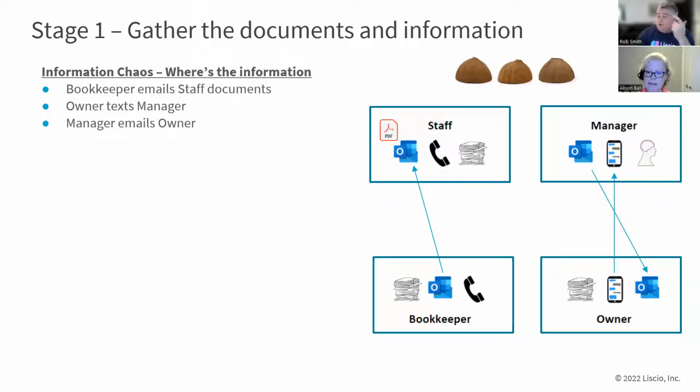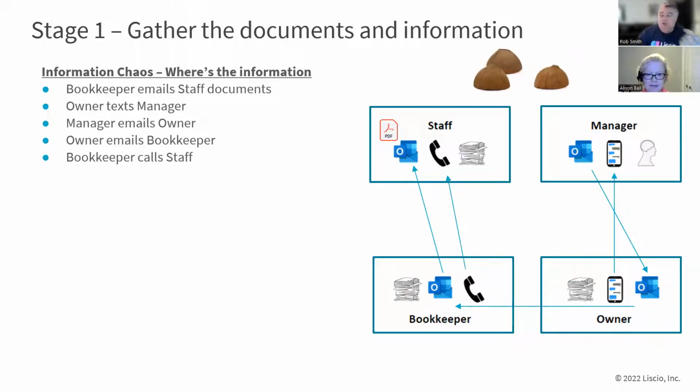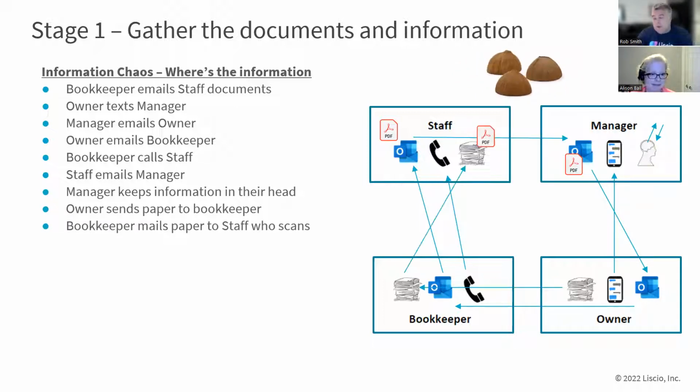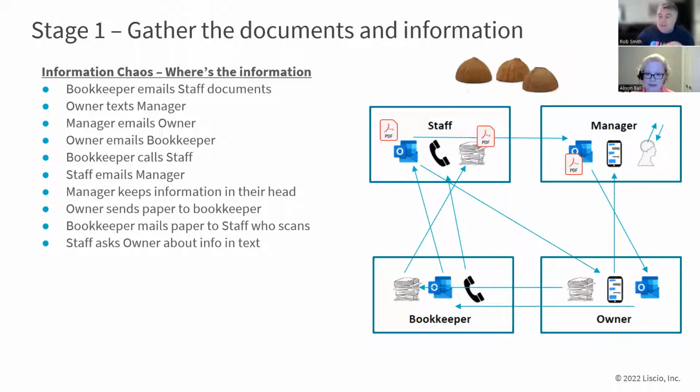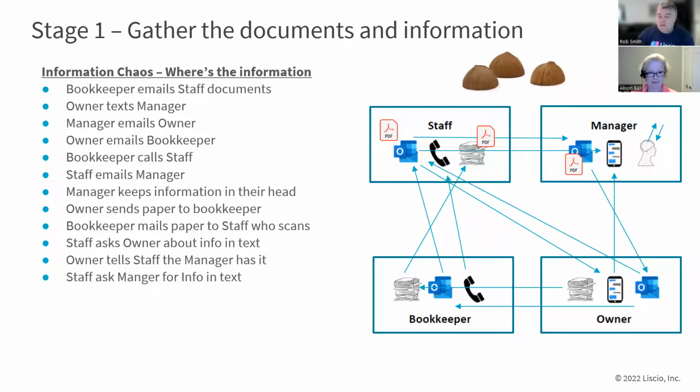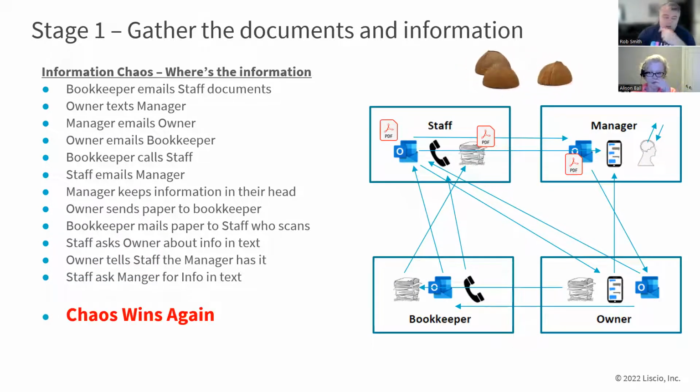And then all of a sudden, the manager emails the owner, emails the bookkeeper, calls the staff, emails the manager, keeps some information in their head, the owner sends paperwork back to the bookkeeper, mails paper to the staff who scans, the staff asks the owner about some information in a text, the owner tells the staff the manager has it, the staff asks the manager for information in the text, chaos wins again. I can barely read this because it's so chaotic.